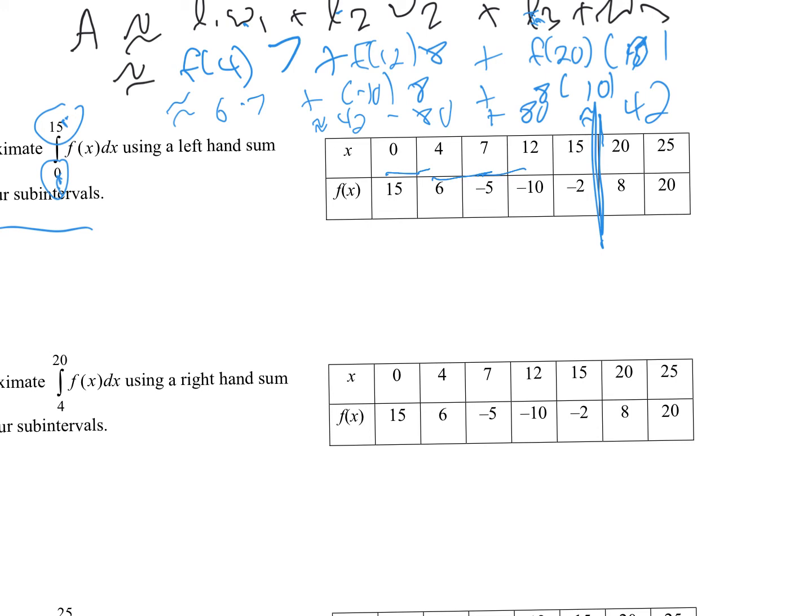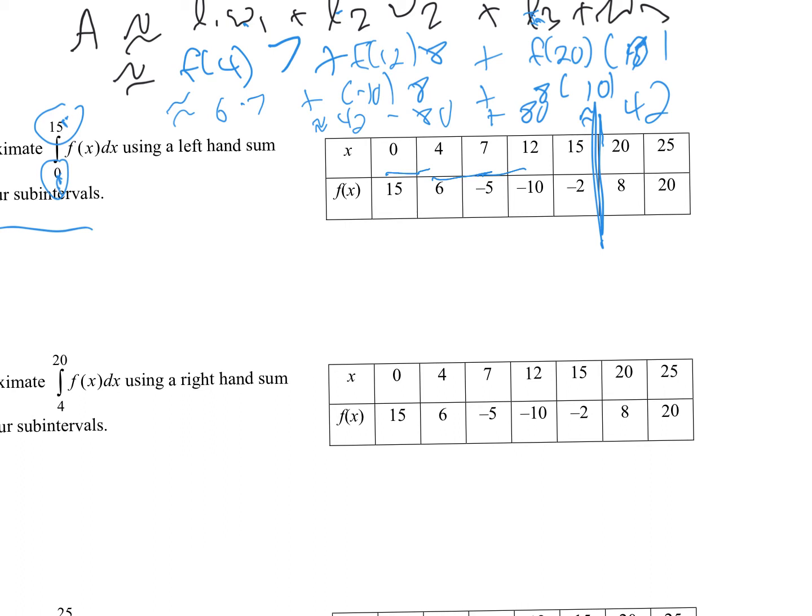Watch this. This is 1. This is 2. See how they overlap? You always have to overlap. The right becomes the left. And then it just gets kind of confusing here. This is my third.